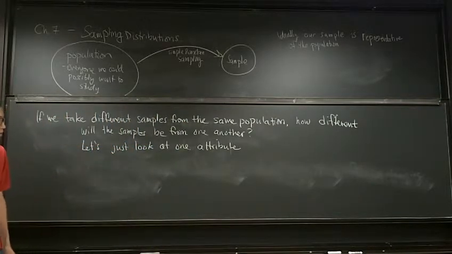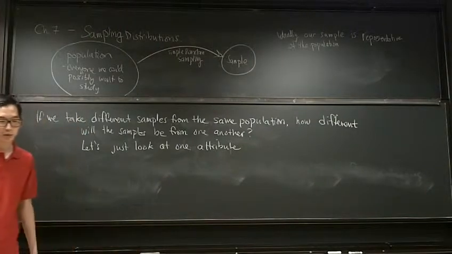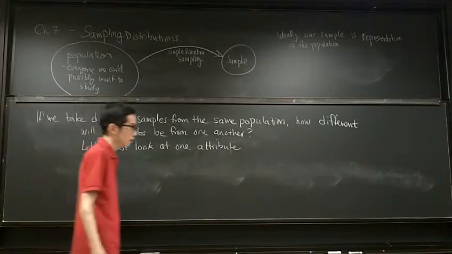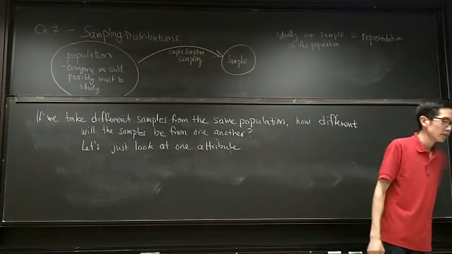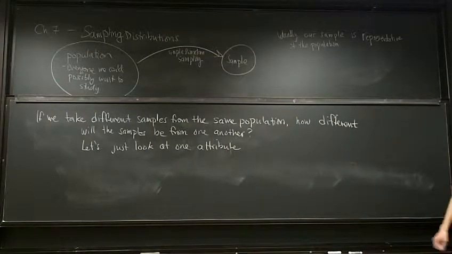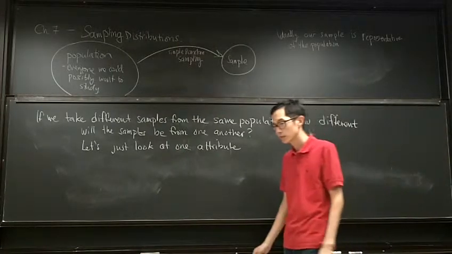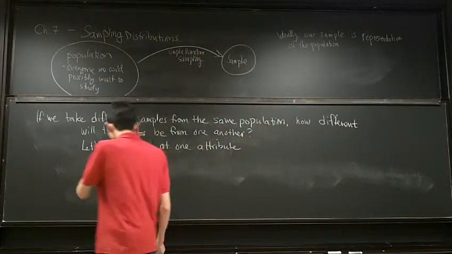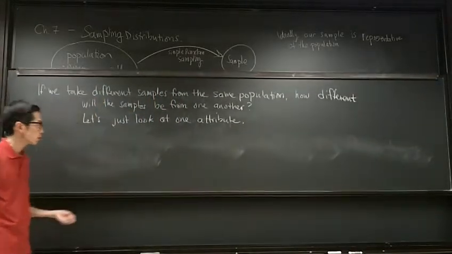Let's look at one attribute, whatever we want it to be, and compare that attribute from one sample to the same attribute from another sample. We want to ask, how different are these samples from each other?